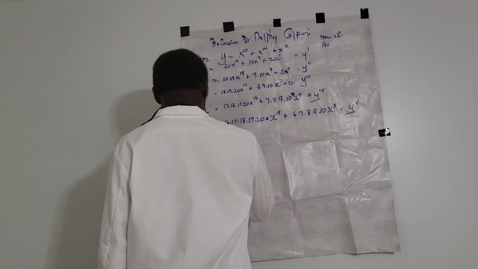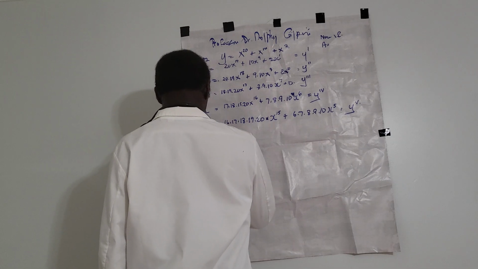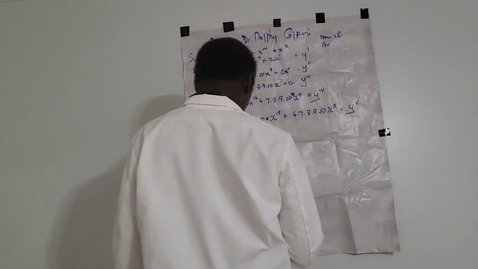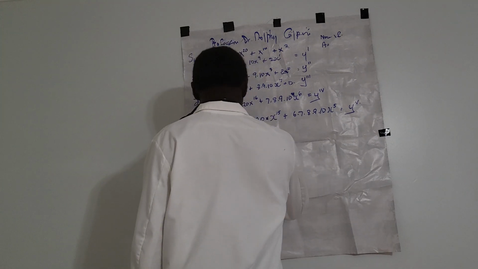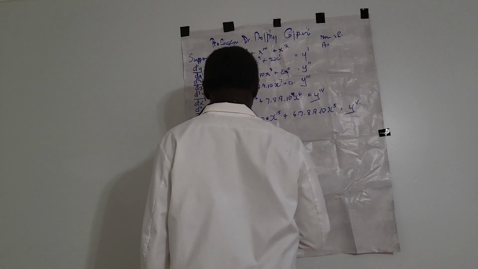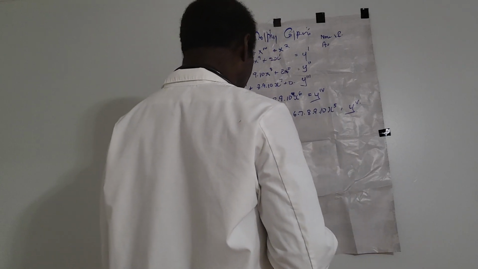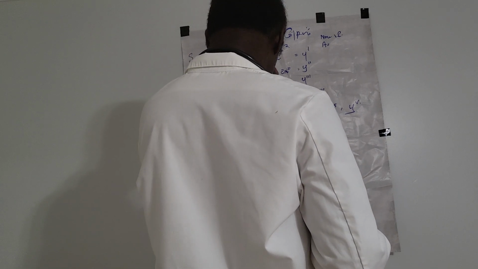Coming down, we'll have d6y by dx6 will be equal now to 15 times... This is simple conventional Newtonian differential calculus here. We're differentiating.